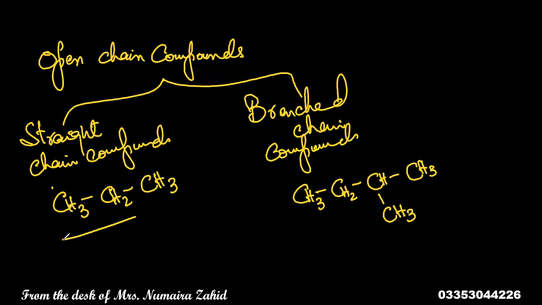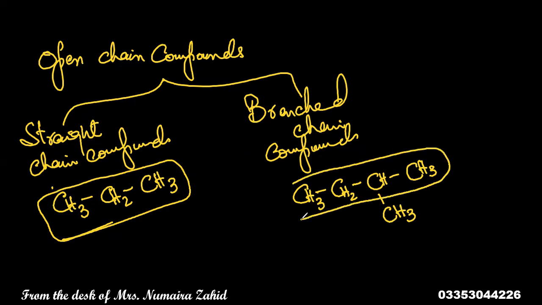Here you can see that this is a single long chain and there are no branches in it. But here, this is the single long chain with a branch in it. So due to the presence of this branch, this will be called a branch. Hence, the open chain compounds can be straight chain compounds or branched chain compounds.